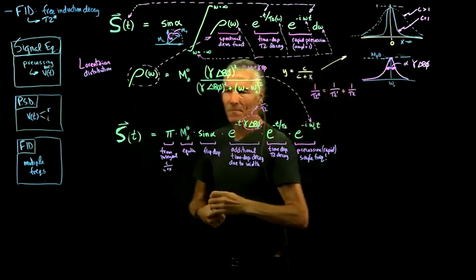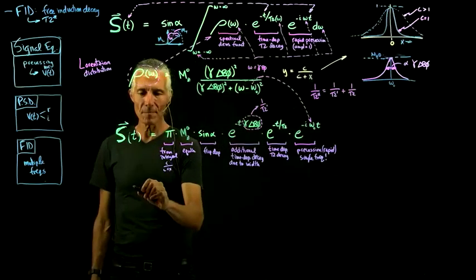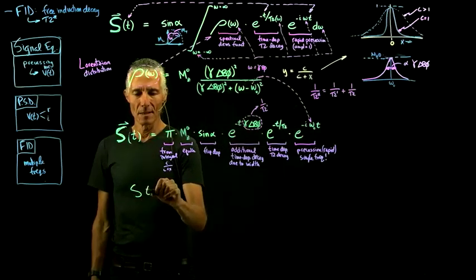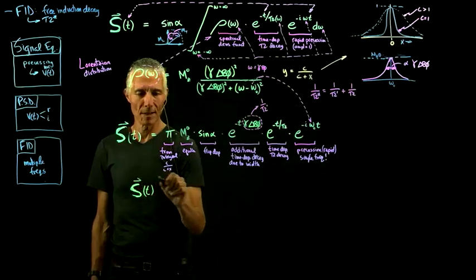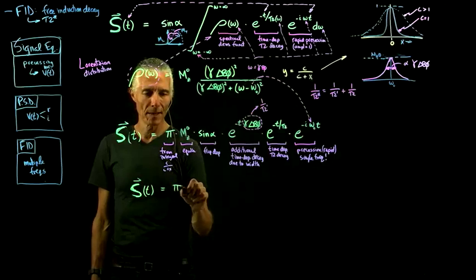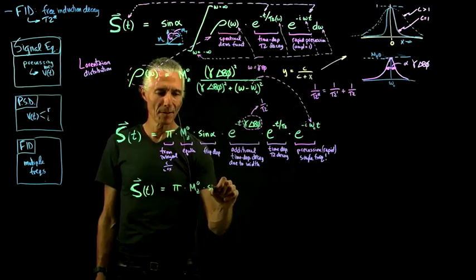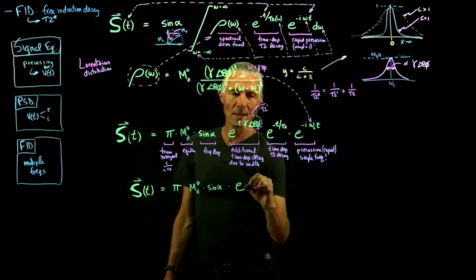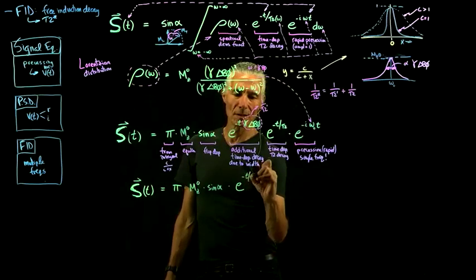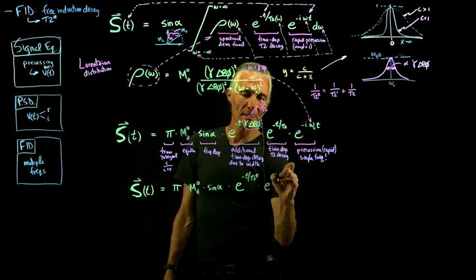And so the typical way that you finally write out the equation is to glom those two decay terms into a single one. And so you get pi times whatever the equilibrium magnetization times the flip dependence times just a single decay term e to the minus t over T2 star times the rapid oscillations that are at the center frequency.